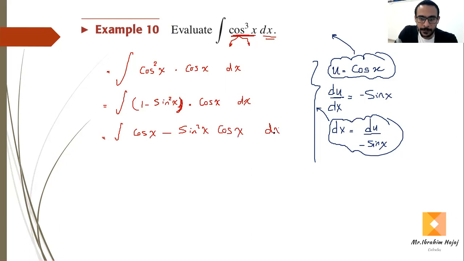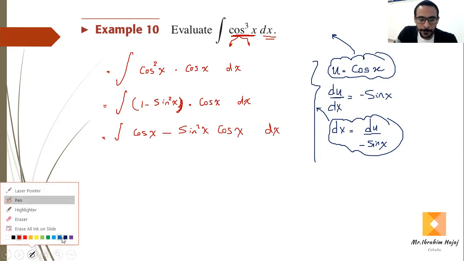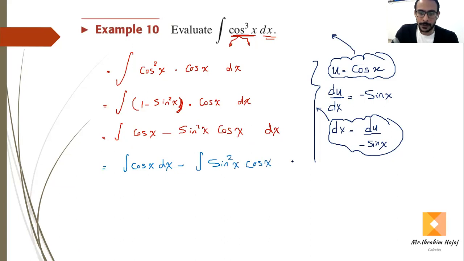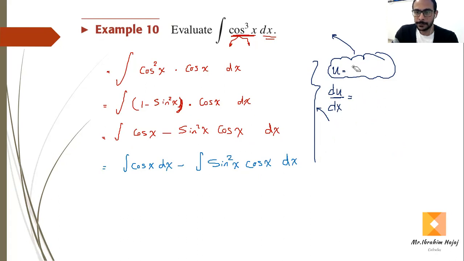Then we can do the integral of the first term separately, minus the integral of the second term alone, dx. The integral of the first one is easy, but now we have to use the substitution method in the second term.